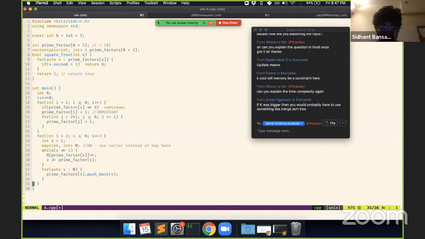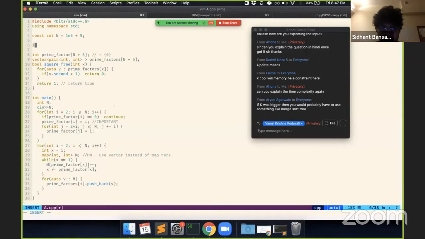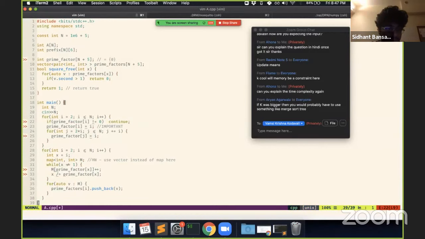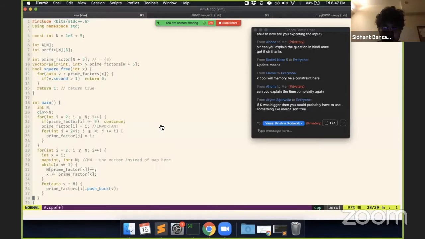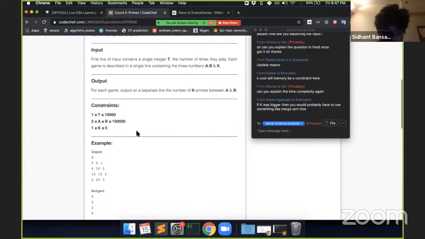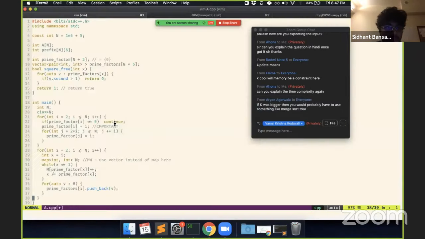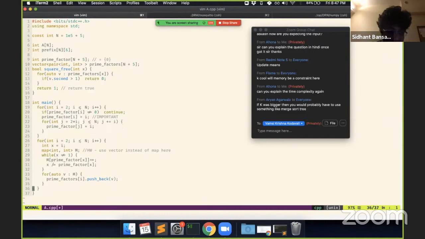Okay, so we had this prime factors array. Now, what new things do we want? We want this A array, and we want this prefix array. Let's see the constraints of the problem. You have t test cases and this thing goes till 1e5. Since this thing goes till 1e5, we can just put 1e5 here, and no input taking is being done.